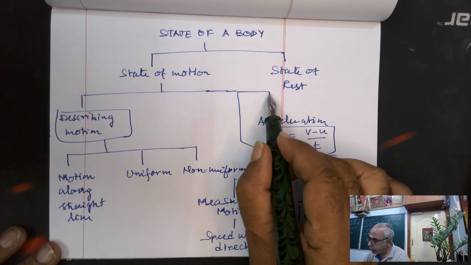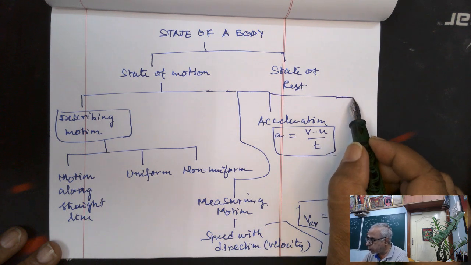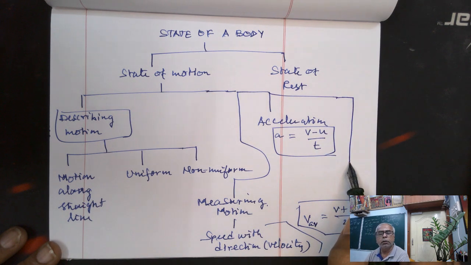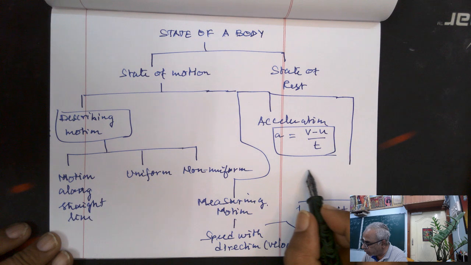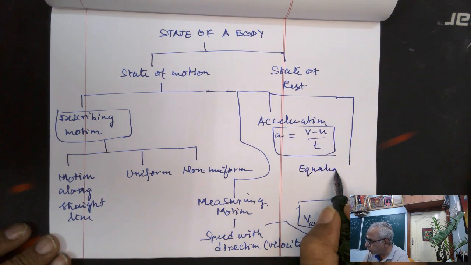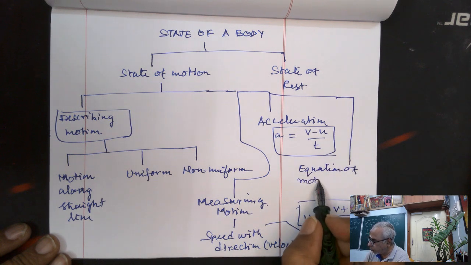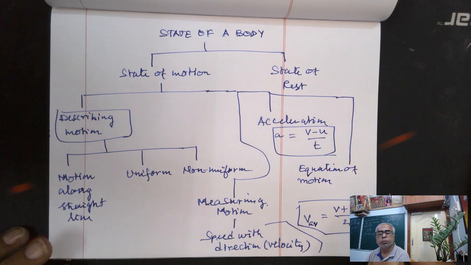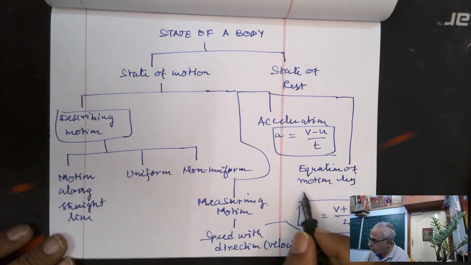Then we will be discussing, under the state of motion, the graphical method of measuring the motion, that is equation of motion by graphical method.